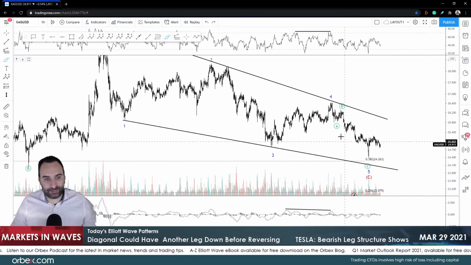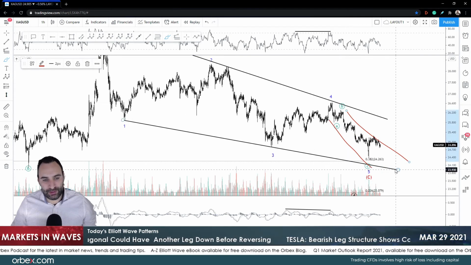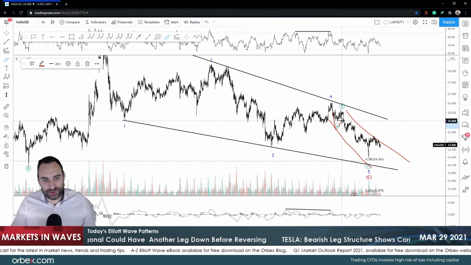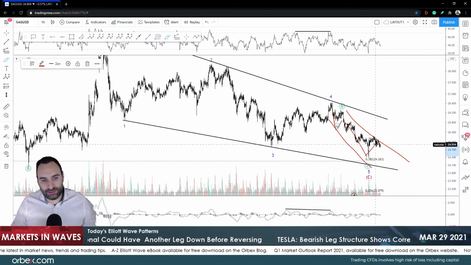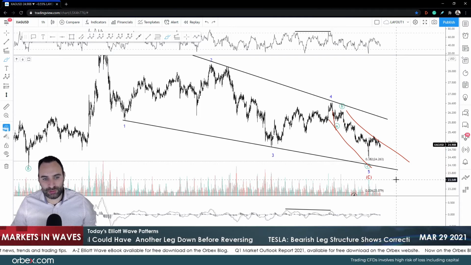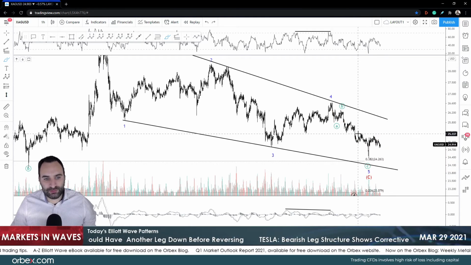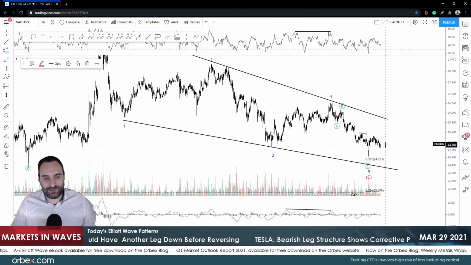Or this is going to be some sort of open triangle, 1, 2, 3, 4 over here and 5. That is also possible. But in either case, I would be looking for the break above 25.37.